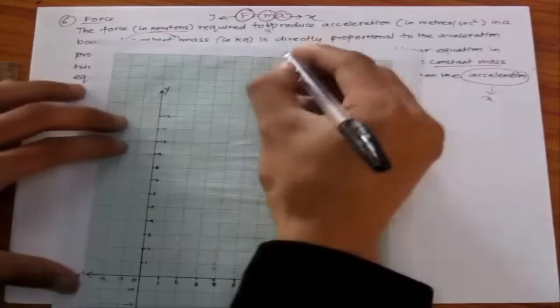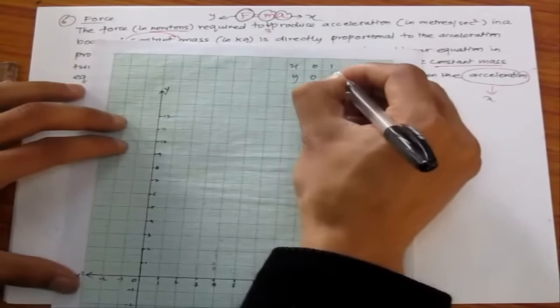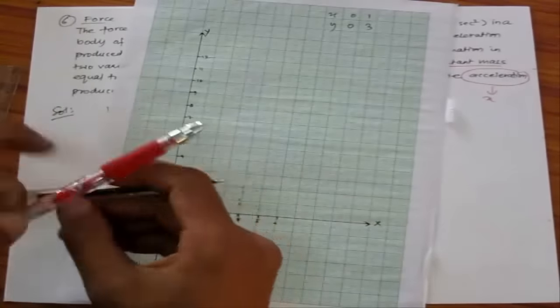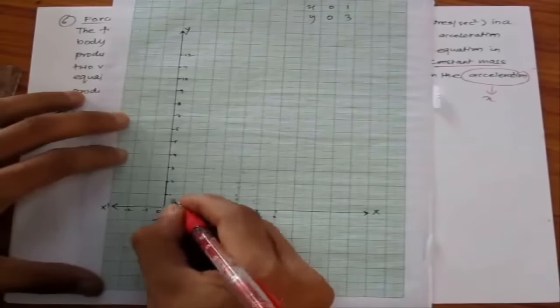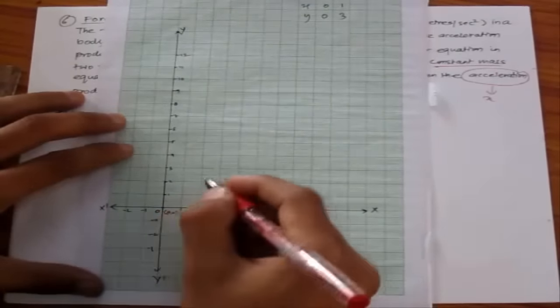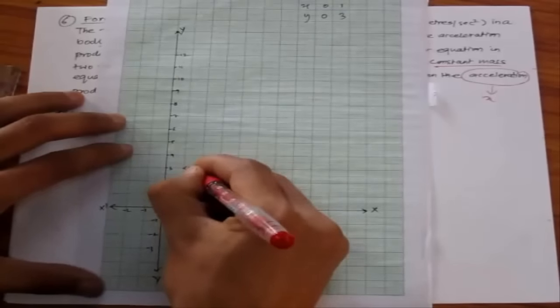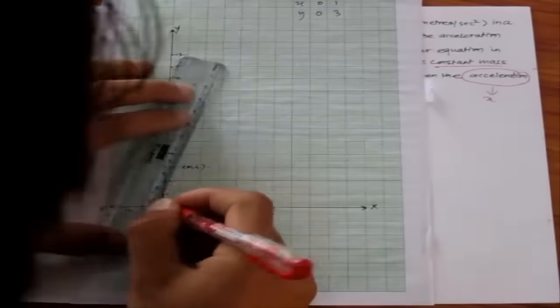So we have the points x and y. When x equals 0, we get y equals 0. When x equals 1, we get y equals 3. Now we are going to plot the points. When x equals 0, y equals 0, this is the point. Next, when x equals 1, y equals 3, that is (1, 3).